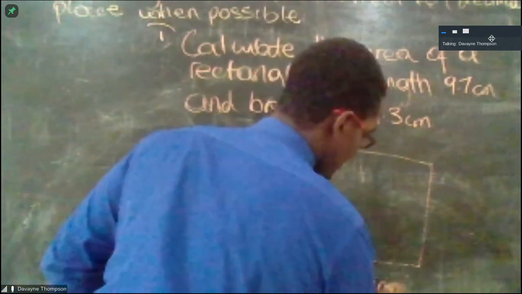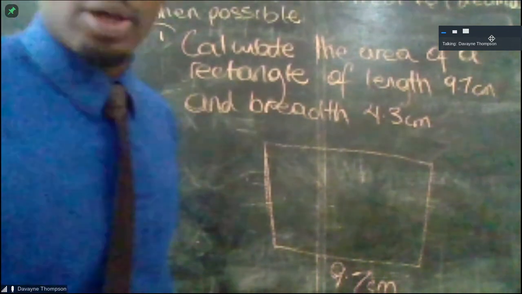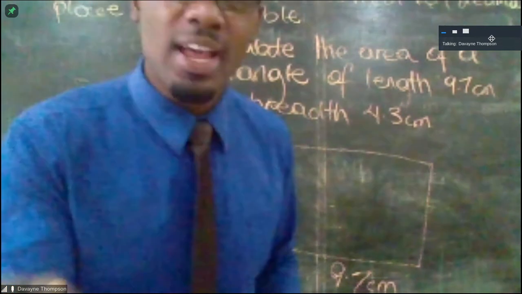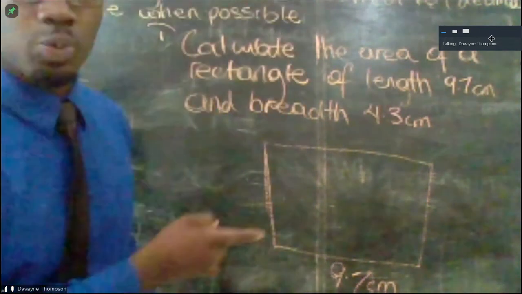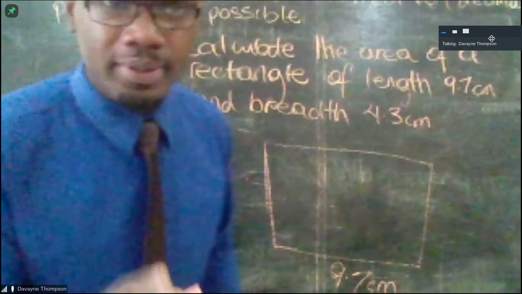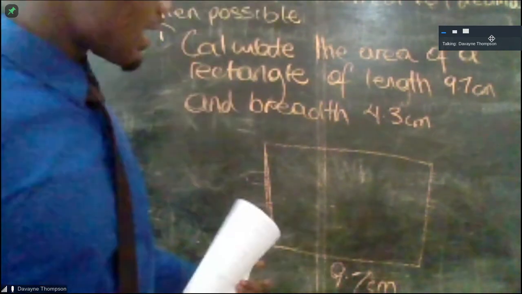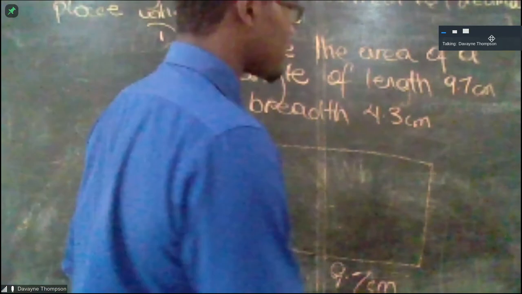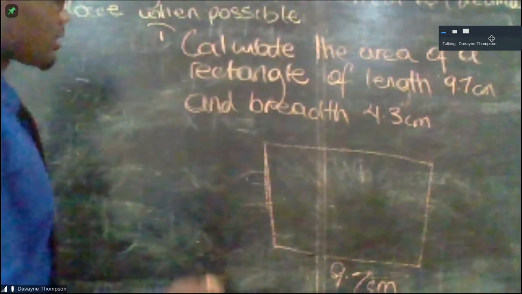That's why I drew the diagram, for persons who might misconstrue which one would be the length and which one would be the breadth. So the length has to be the longest side. The breadth is another word for width, W-I-D-T-H.